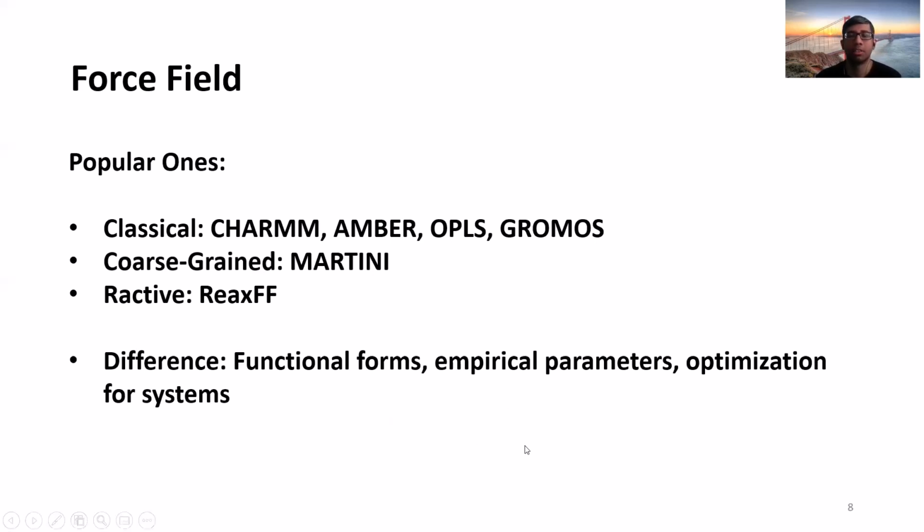Some work for membrane systems, some for protein systems, so you have to change the terms, the functional forms, or the parameters and constants associated with them. As a result, you have to come up with so many force fields, and sometimes improve over the previous version. So you have to be very careful which version you're using and which terms they take into consideration.